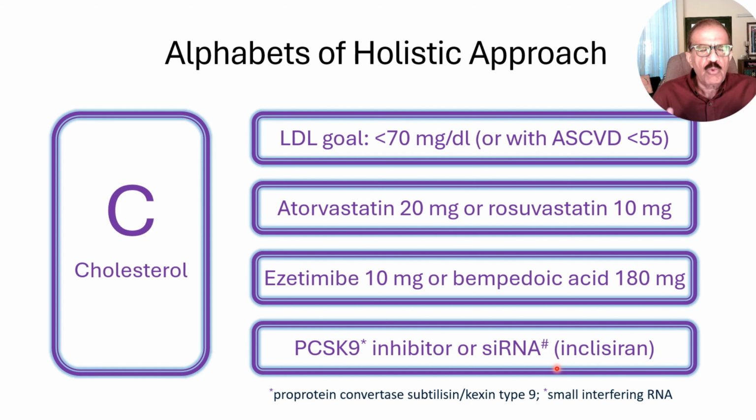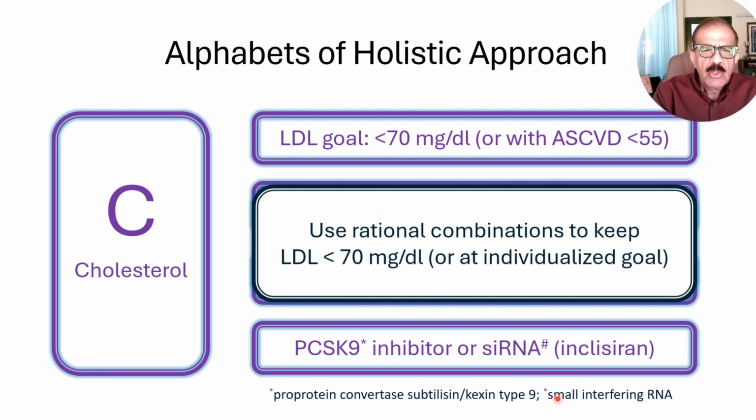And our local experiences so far limited because of their expense, they're not used frequently. But they can be combined with statins also. All these drugs, the statins and bempedoic acid and the PCSK9 inhibitors, they all block that chain of sequence which ultimately lead to the production of cholesterol. So we have various tools.